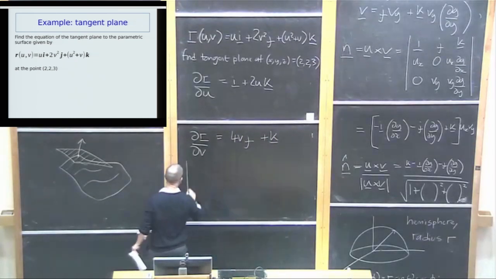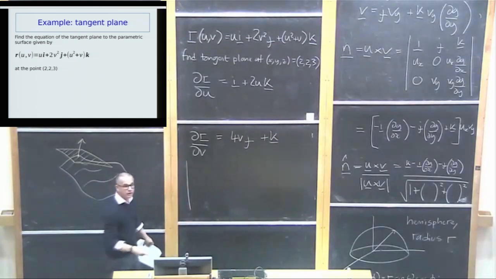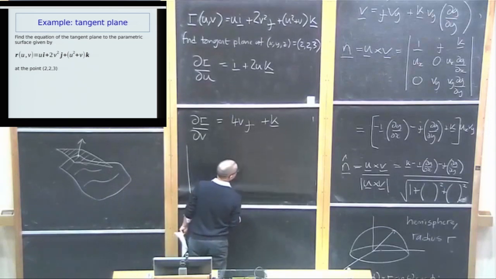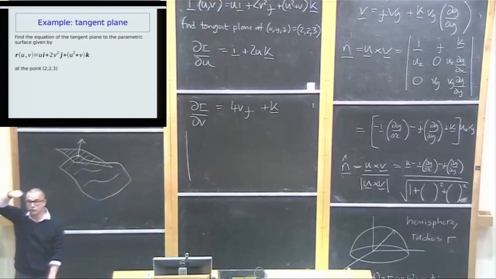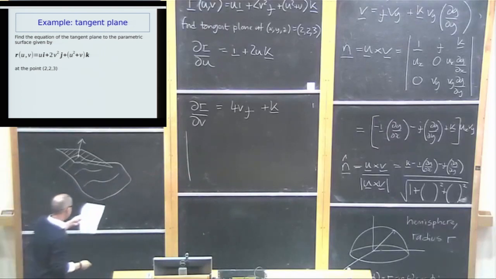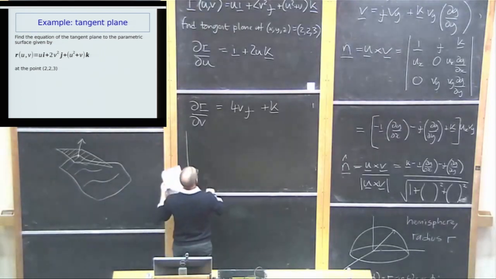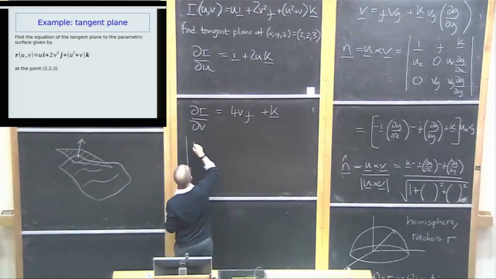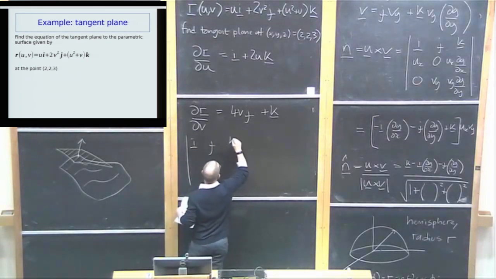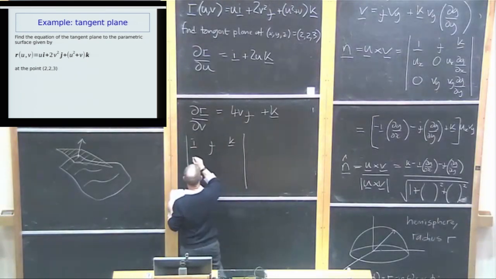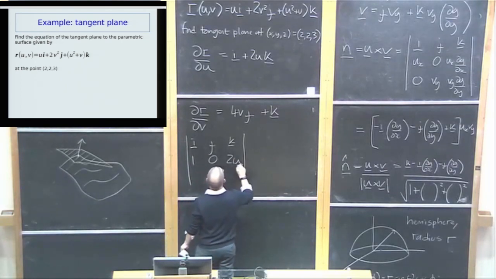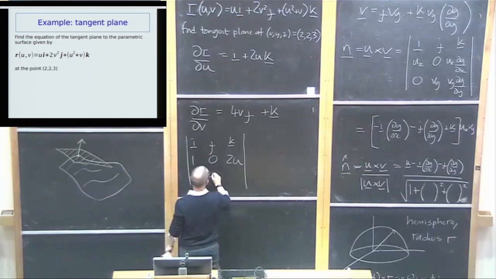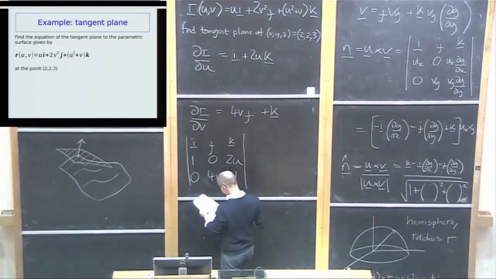What we need to do now is take the cross product of these two vectors, which we know lie in the surface at that point, which means they also lie in the tangent plane at that point. So that gives me the determinant with i, j, k, then 1, 0, 2u, then 0, 4v, 1.